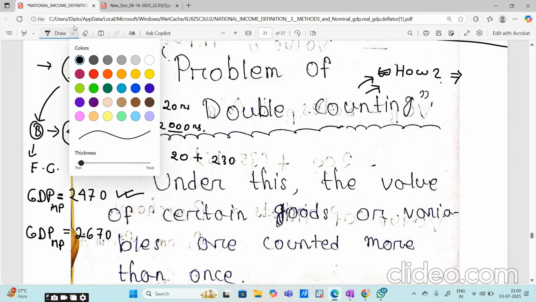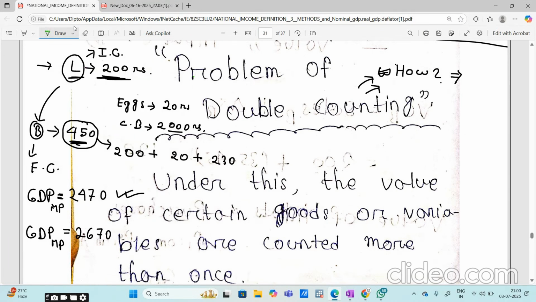So my point here is that this 200 rupees, which is the value of the intermediate good leather, was already there in the price of the bag.